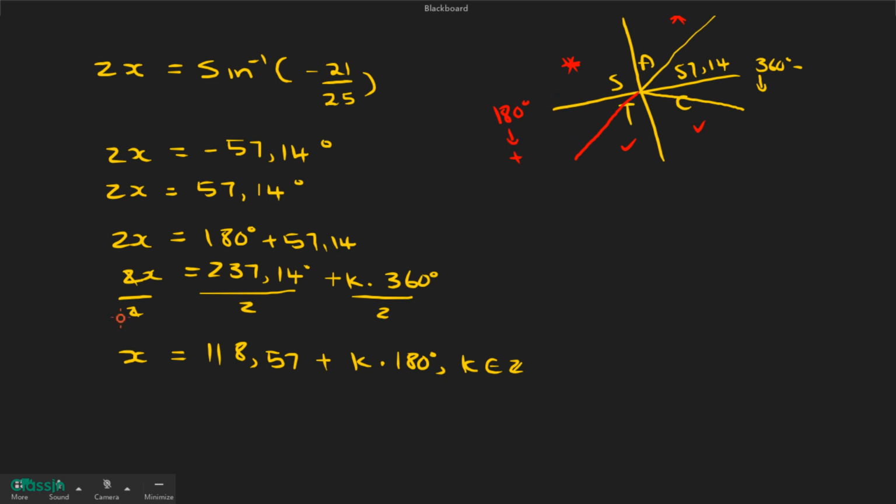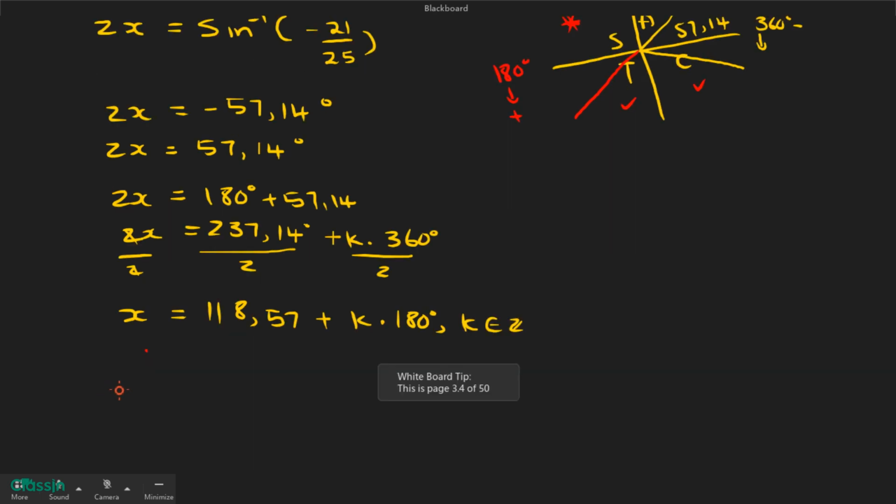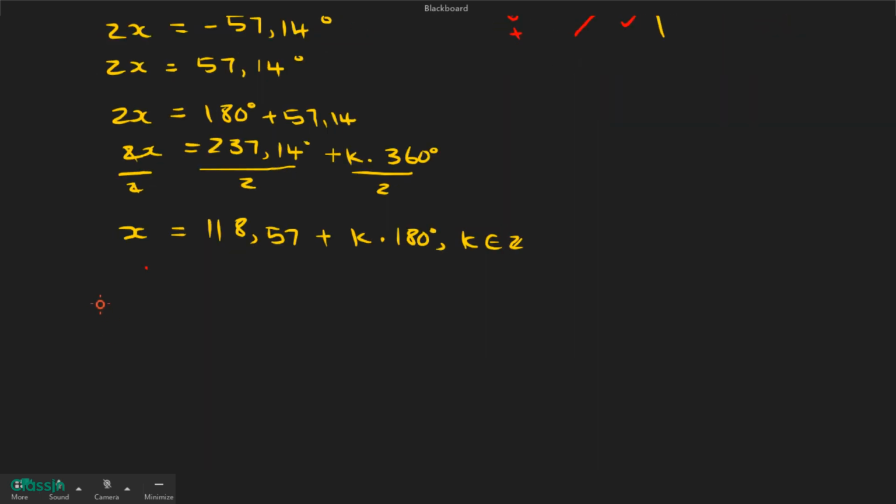Don't just rush. We still take it from here. So we write 2x is equal to 360 degrees minus 57,14 degrees.